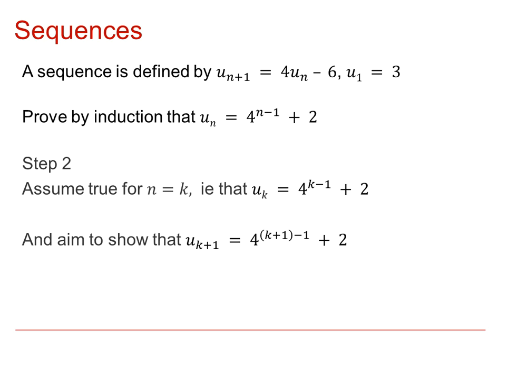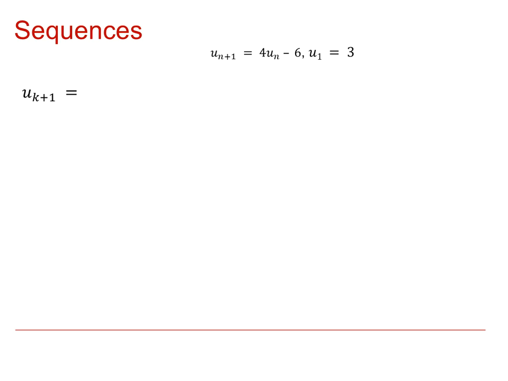To do that we need to use the inductive definition that we've got at the top. So we can say that u k plus 1 must be equal to 4uk minus 6, using this definition for u n plus 1. But we're assuming that our formula is correct for uk.